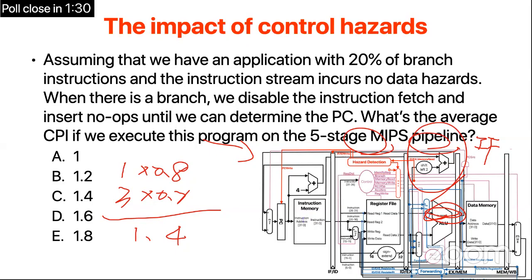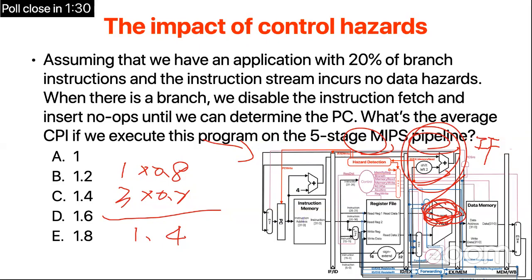It's just because we have to wait for the branch outcome. It's the ALU result, and we need to wait for the outcome. So it means that we are using data forwarding, or we are using stall.